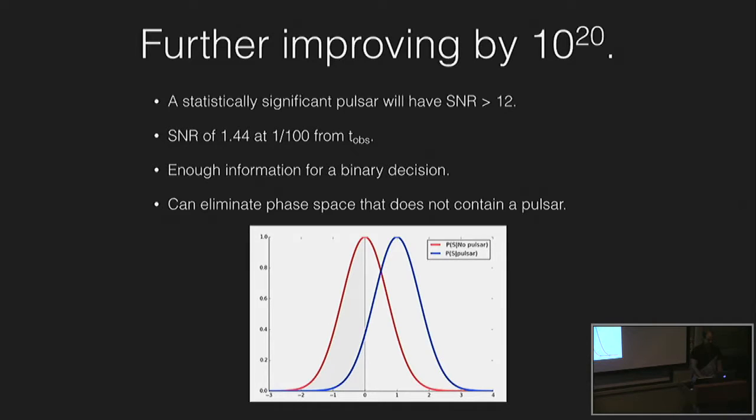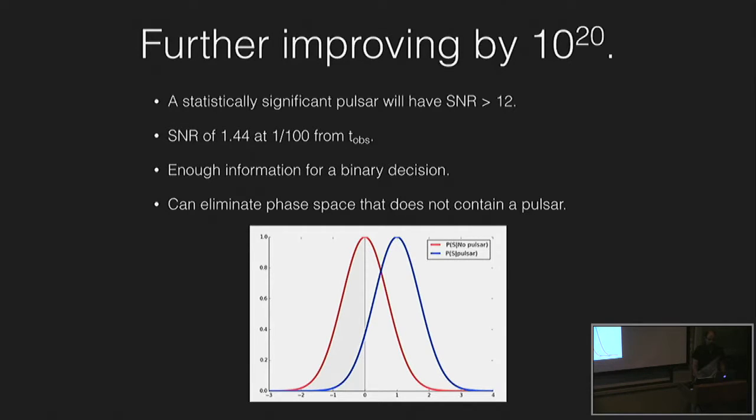Okay, so let's start with something very subtle. The sheer amount of orbits that you need to scan in the demodulation is very high, of the order of 10 to the 20. This sheer amount of orbits requires a significant result to be larger than SNR of, let's say, 12. Okay?